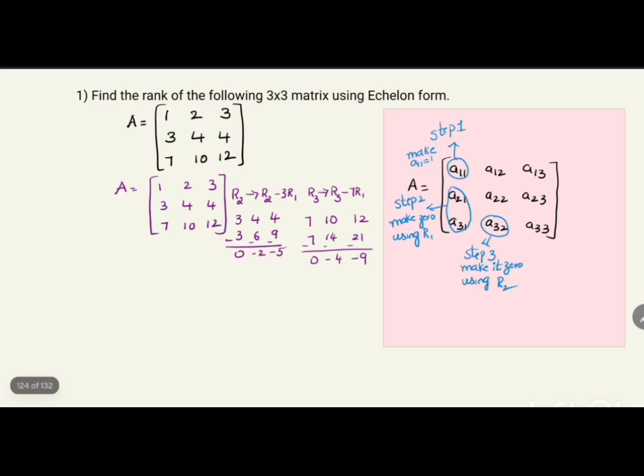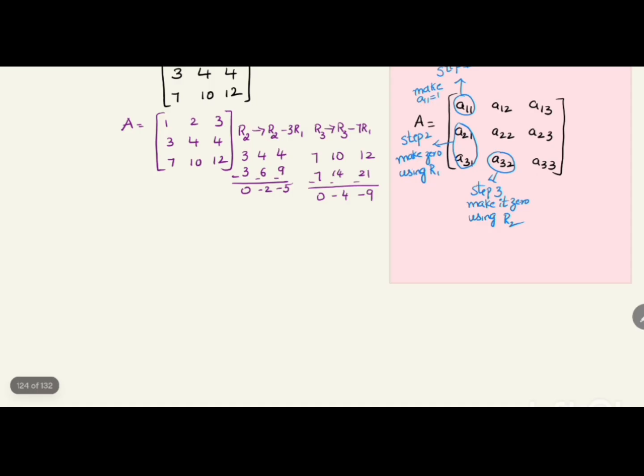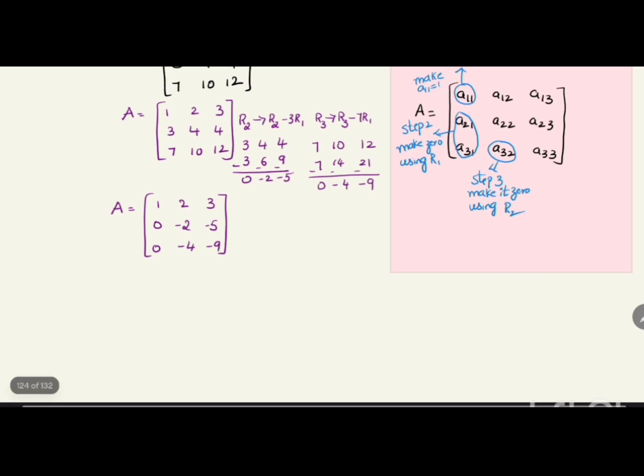Now let us write down the matrix. We replace R2 and R3 with the new elements that we got. So A is equal to 1, 2, 3, 0 minus 2 minus 5, 0 minus 4 minus 9. This is the matrix that we got after these elementary row operations.